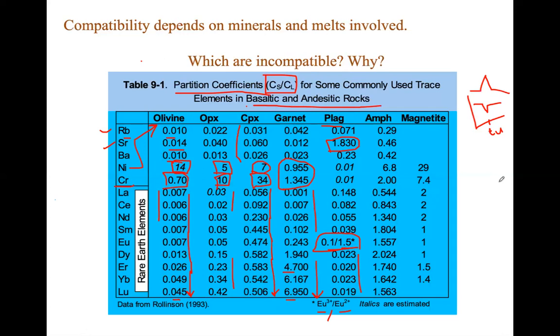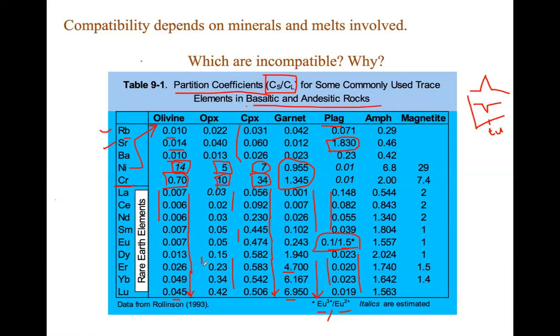These are very characteristic because all the other trace elements have relatively low partition coefficient values, unlike the other phases, where although high and low ends are there, you can still see some moderate values.